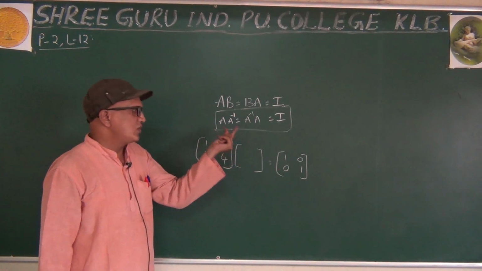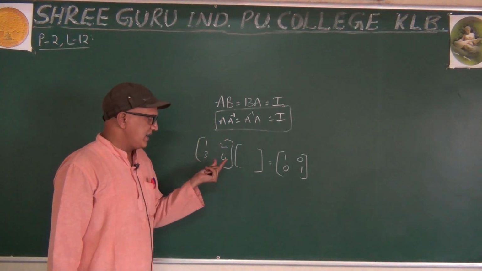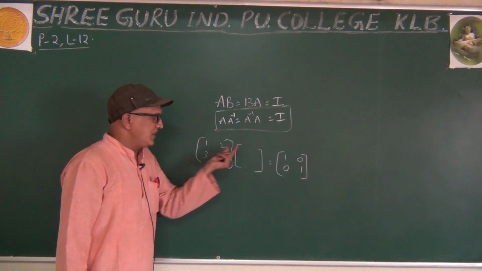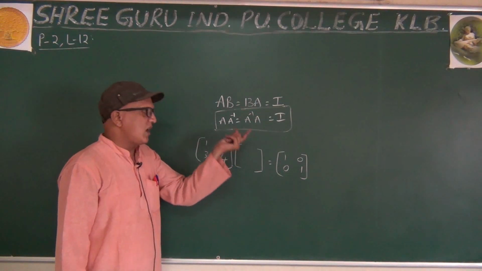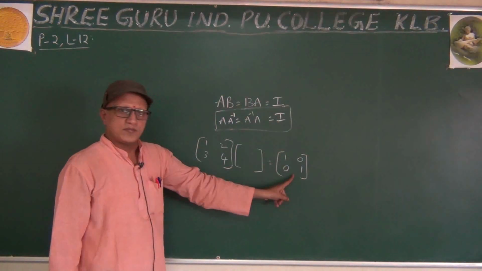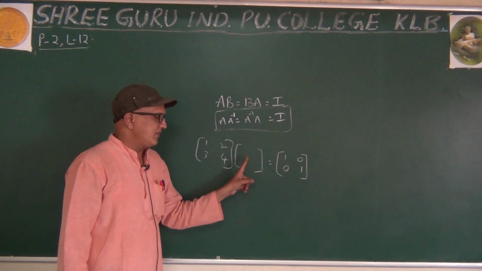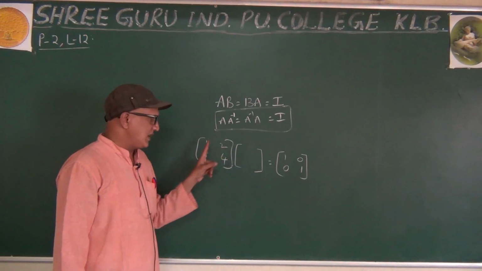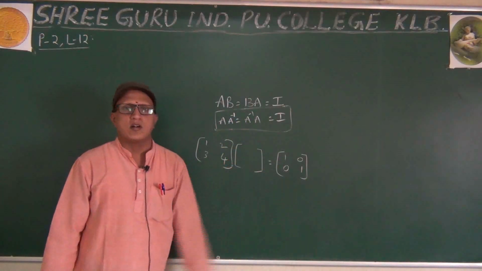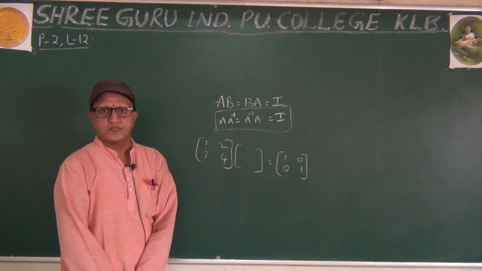We have to multiply this matrix with some matrix to get the identity matrix, 1, 0, 0, 1. With which matrix we have to multiply this matrix to get this one, that matrix is called the inverse.